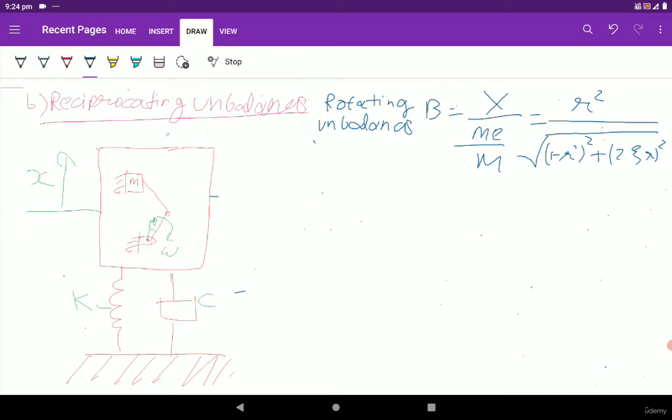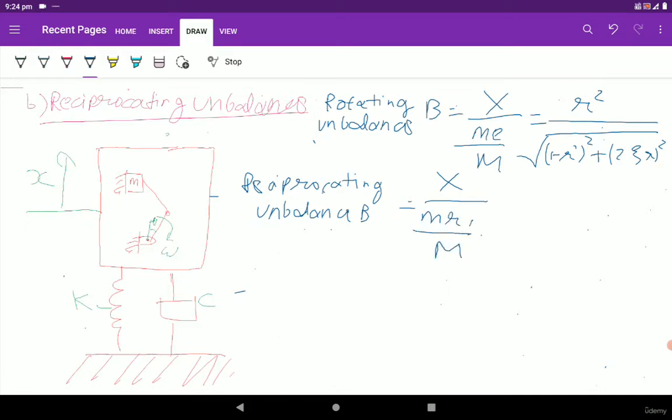And reciprocating unbalance: B is equal to capital X upon small m r1 by capital M, which is equal to r square divided by under root of (1 minus r square) whole square plus (2 zeta r) whole square.